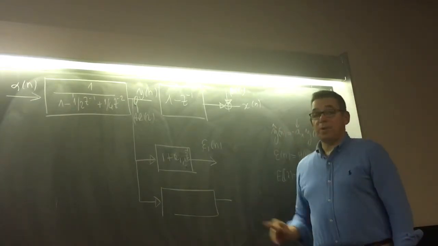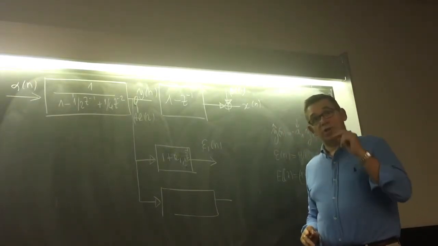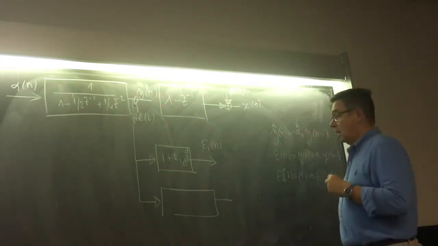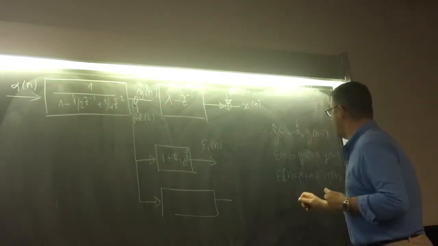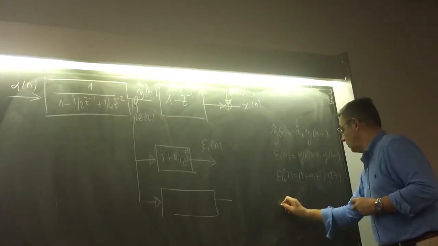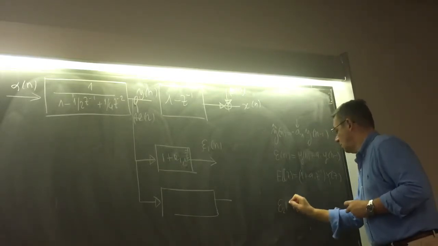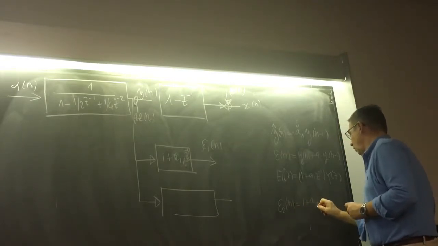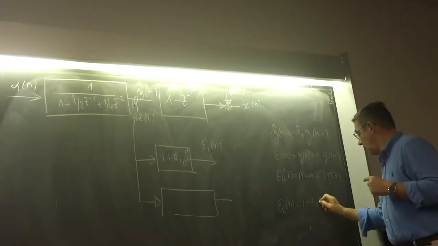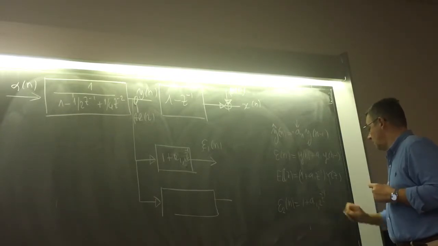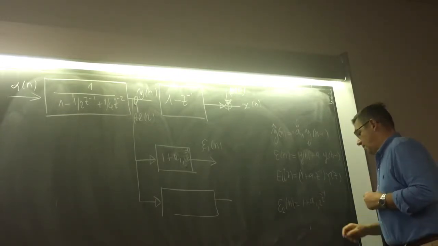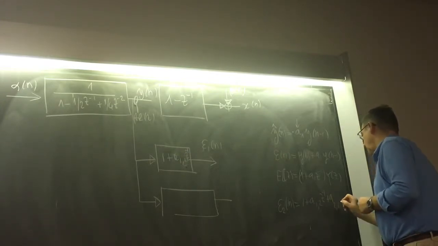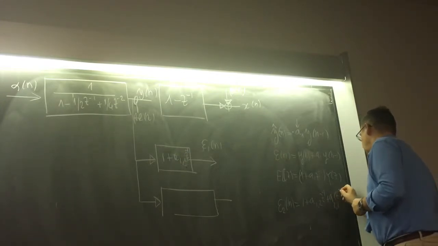Now for the predictor of length 2, I'm doing exactly the same. I have epsilon 2 n, which in z transform is equal to 1 plus a1 of the linear predictor 2 times z to the minus 1, plus a2 of the linear predictor 2 times z to the minus 2.